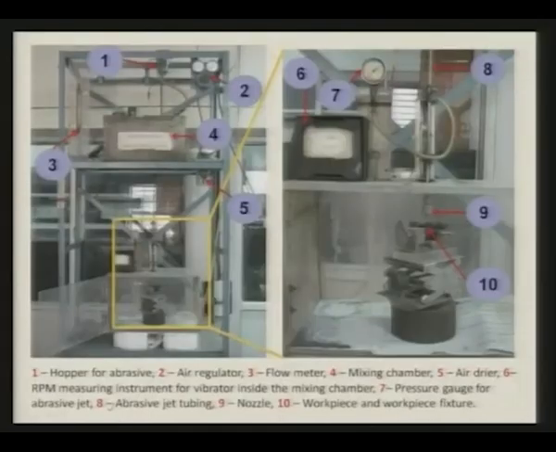Then you have the abrasive jet tubing indicated by 8 over here. Now, this is the enlarged view of this particular part, and 9 is the nozzle, not very clearly seen. Nozzle is there and 10 is the workpiece and workpiece fixture. So, the jet actually comes from here and hits the workpiece surface.